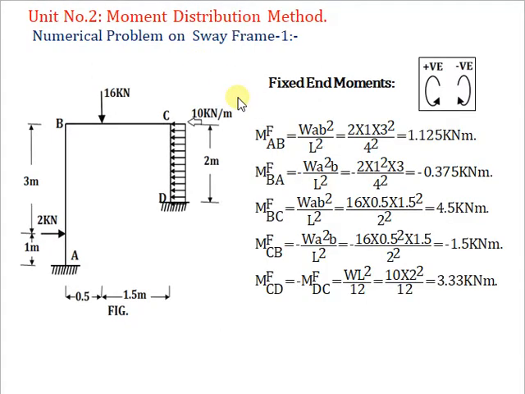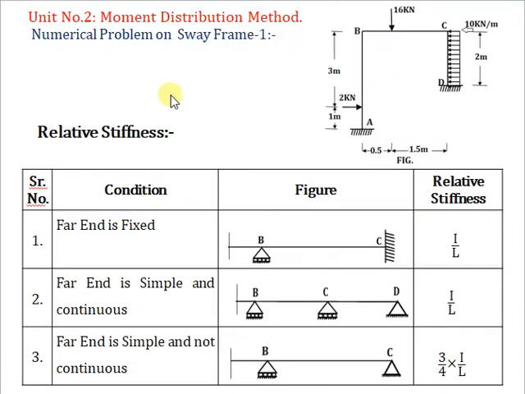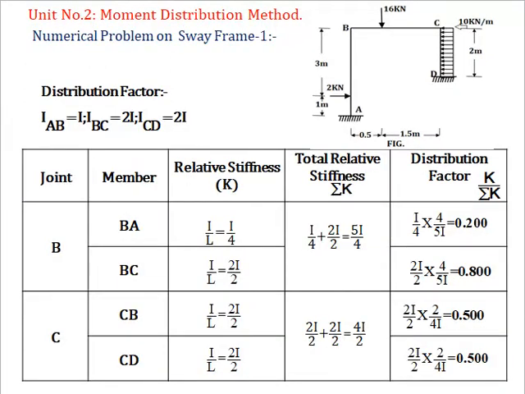In the first step, we went through the fixed end moment. We calculated the fixed end moment for each span. Then we saw how to find the relative stiffness under different conditions. Then we calculated the distribution factor for each member by considering the internal joint.